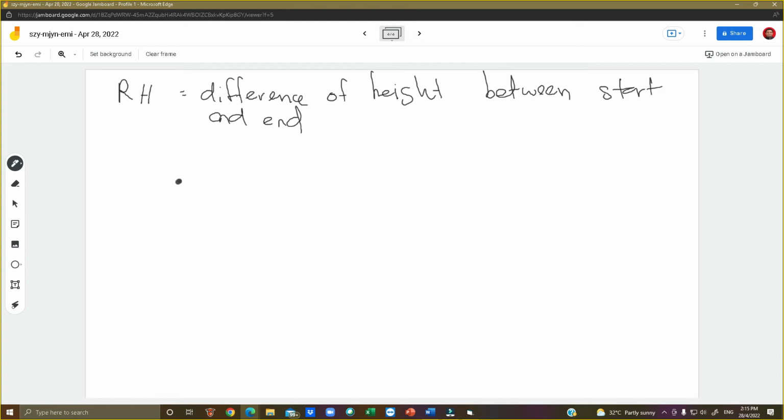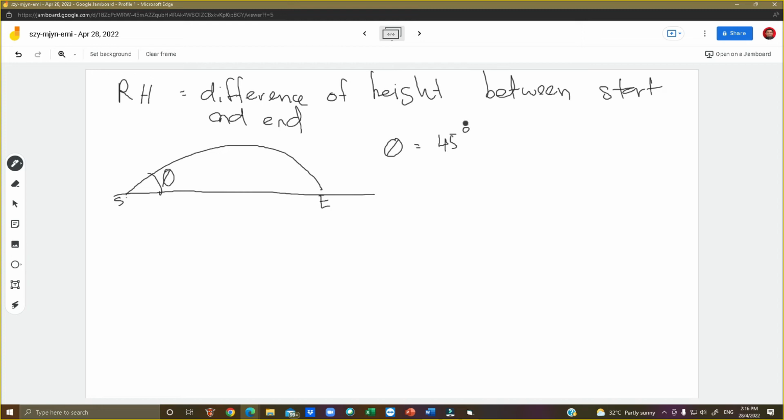Okay. So apa beza dia? If relative height 0, it means that your start and your end point is at the same level, which makes the best angle to get the longest range equal to 45 degrees.